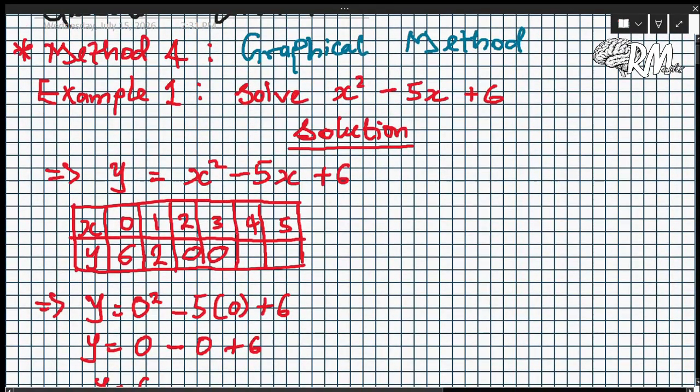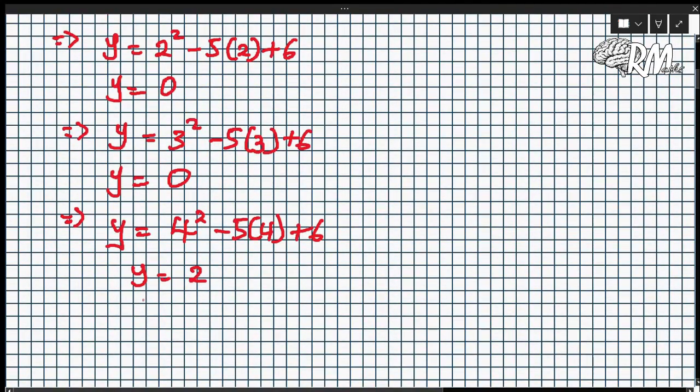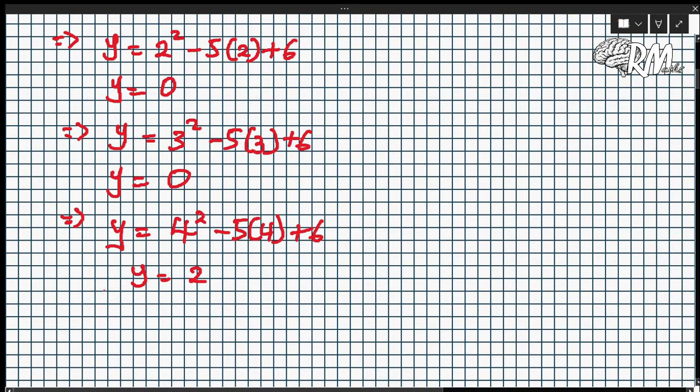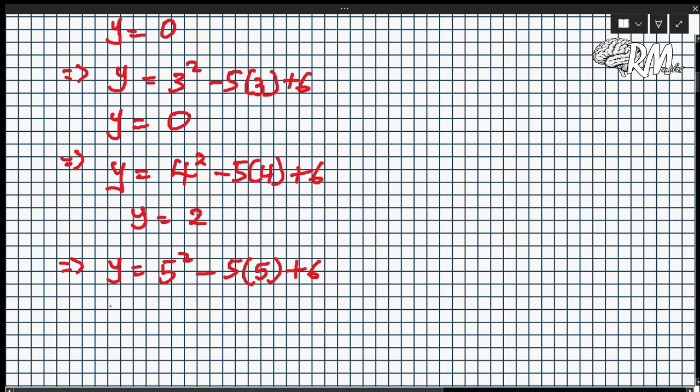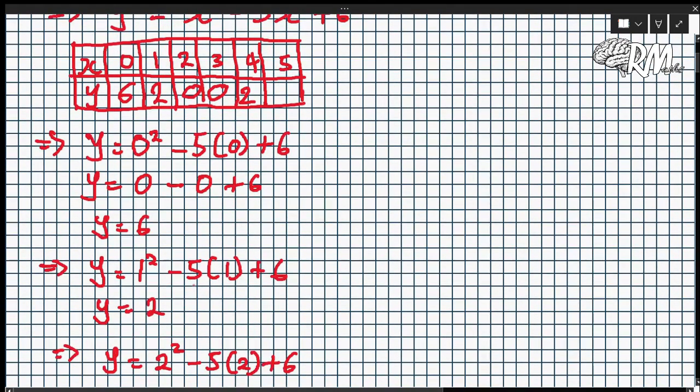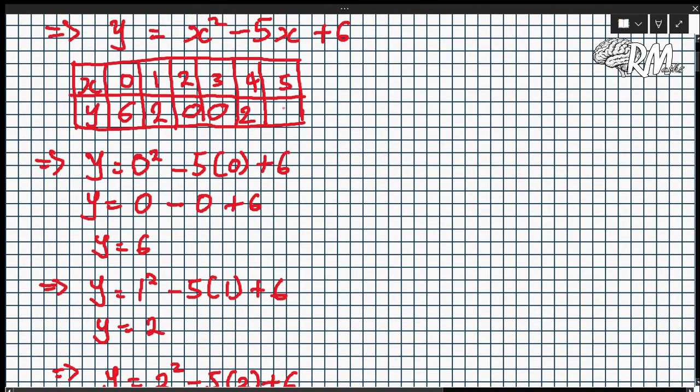So I'll go back and I'll put 2. Then I'll go to the final one, when x is 5. So I have 5 squared minus 5 times 5 plus 6. So when you use your calculator or you simplify further, we have y equals 6. So now I'll go back and I'll put 6.